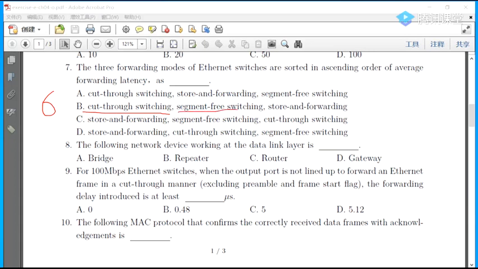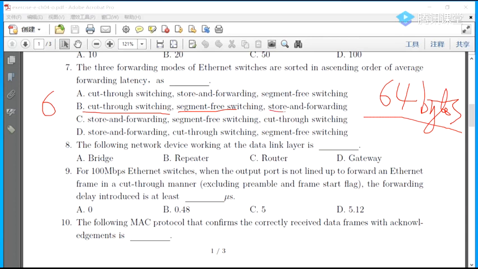Segment free means after 64 bytes are received, the switch begins to forward the frame.